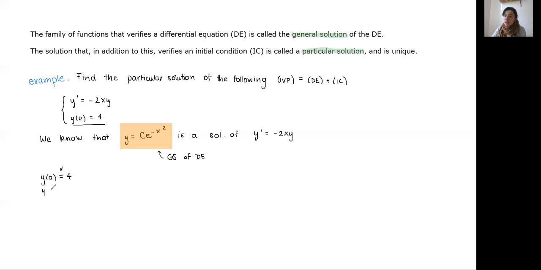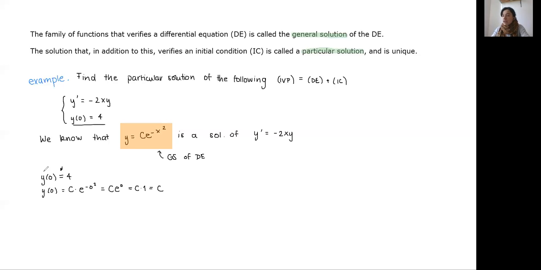Well, I know that y of 0 is just going to be equal to c times e to the minus 0 squared, which is equal to c times e to the 0, which is equal to c times 1, which is equal to c. Right? And this is independent.